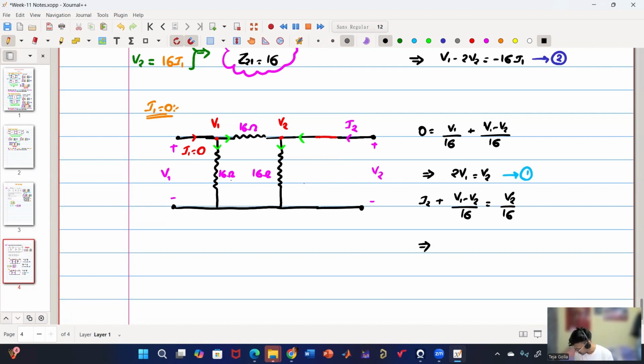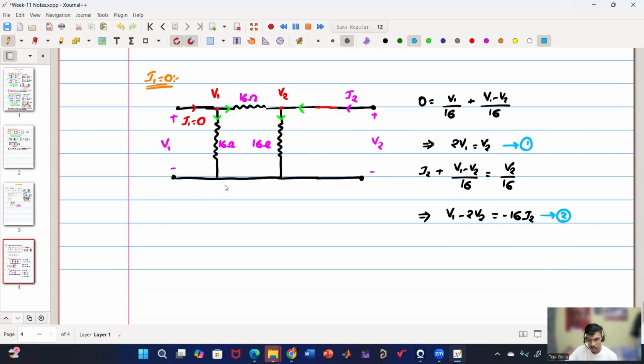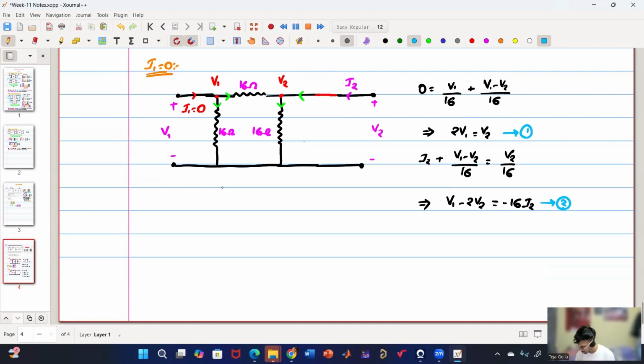So from here I'll get V1 minus 2V2 is equal to minus 16 I2. Okay. Now please solve for V1 and V2 and substitute it back so that you can cross-check. Don't solve for one and let me know. Solve both, cross-check, and then let me know. Okay, sir.